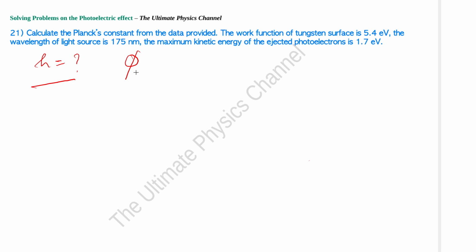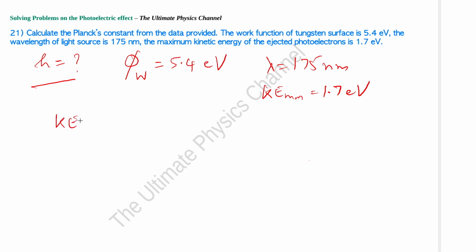The work function for tungsten is 5.4 eV. The wavelength lambda is 175 nanometers. The KE max is given as 1.7 eV. We know that KE max is equal to the energy of the incident photon minus the work function.